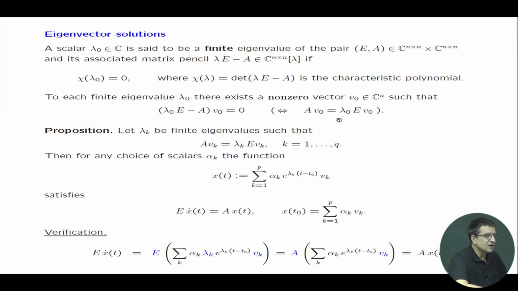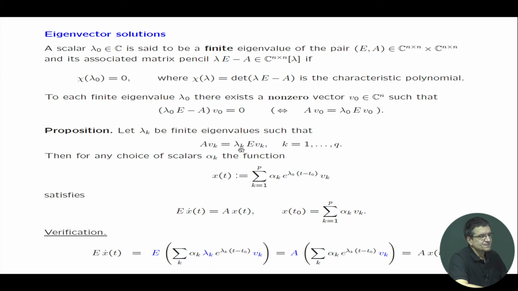Now suppose we have several eigenvalues and associated eigenvectors. They don't have to be linearly independent. They can all be the same. So no requirements on linear independence or something like that.